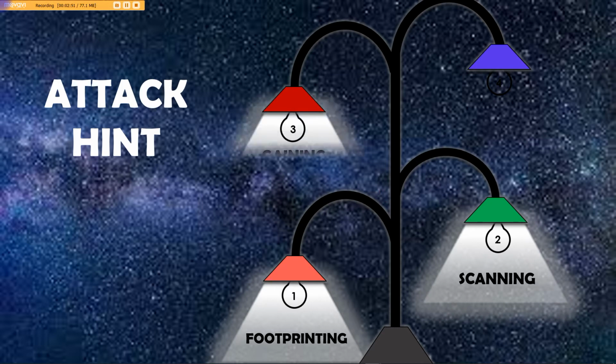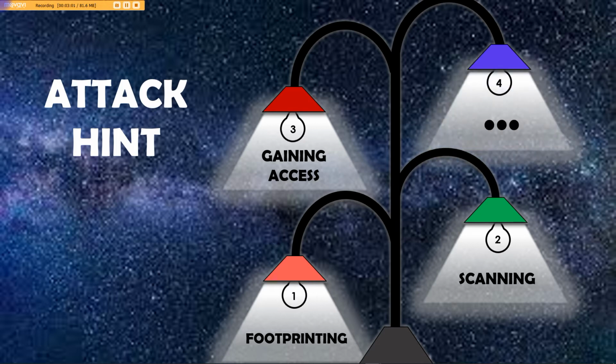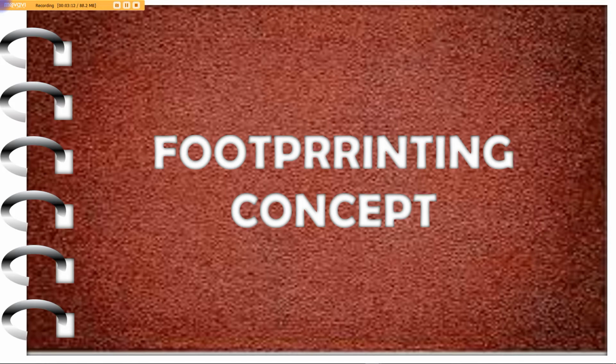After scanning, we have gaining access. That is the real hacking into those systems or target networks, and more things that we're going to be exposed to in the course of this training. So let's go back to footprinting.